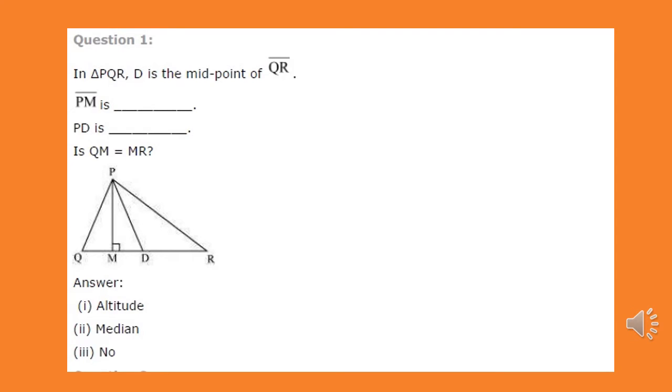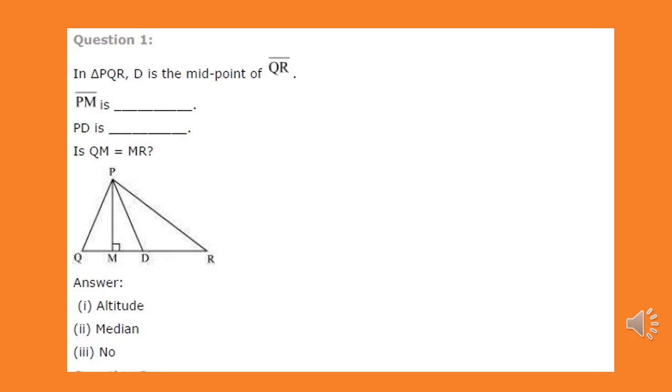Let us solve a few questions from exercise 6.1 of the NCERT book. In the given triangle PQR, D is the midpoint of the side QR. Then what is PM? PM is a perpendicular from the vertex P on the side QR.